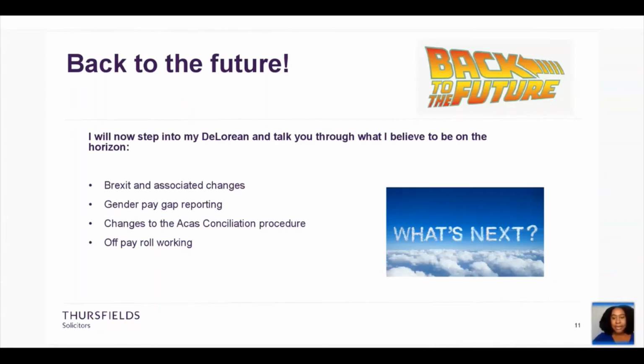So it seems to me likely that the government will bring about a number of employment law changes in the medium term, at least, as a result of Brexit. The rhetoric from the government is that this won't be the case, but I have my suspicions because they will want to show businesses that our country is open for business.